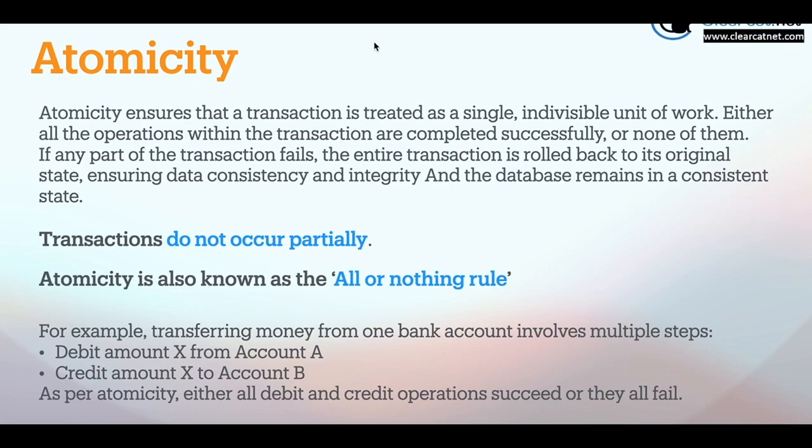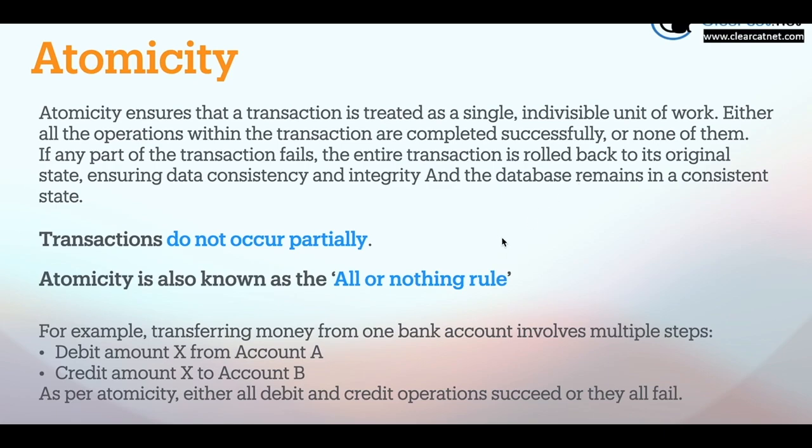If any part of the transaction fails, the entire transaction is rolled back to its original state, ensuring data consistency and integrity, and the database is maintained in a consistent state. The thing to remember is that it does not occur partially. It is also known as the all or nothing rule.